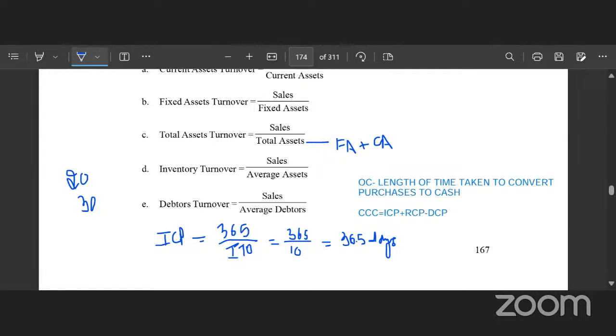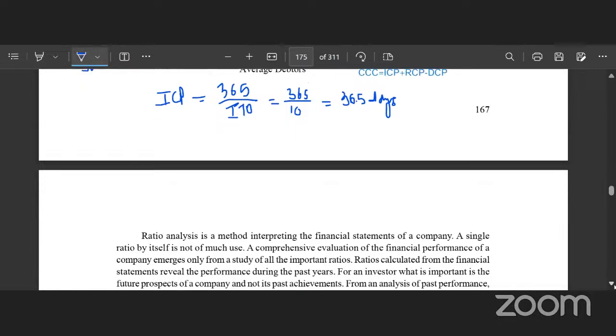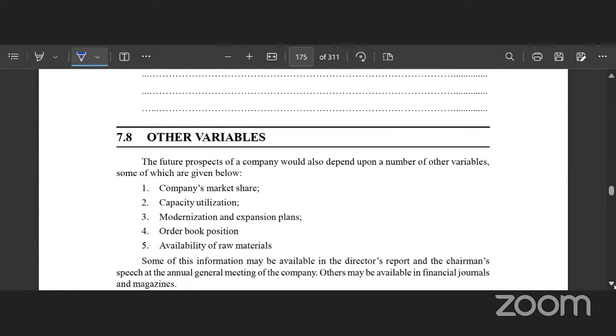So activity ratios or turnover ratios are also used to measure liquidity.